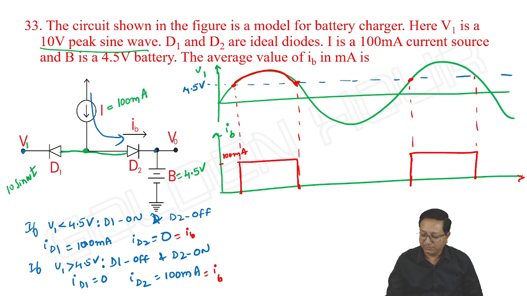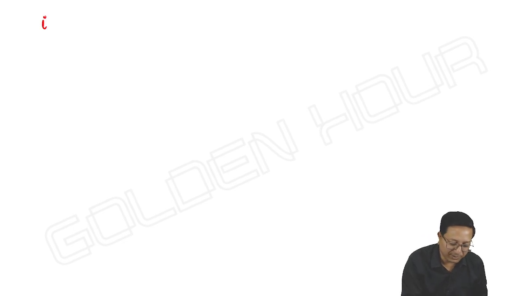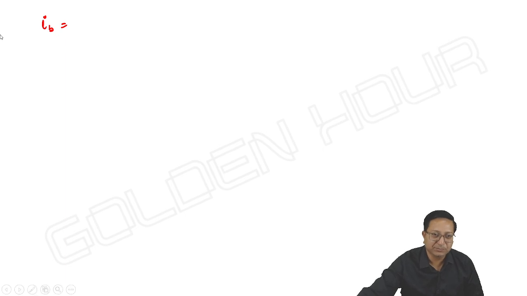Once you get the waveform this way, then we need to find the average value of IB or ID. Okay. How do we find it? So for finding average value, let me do one thing.